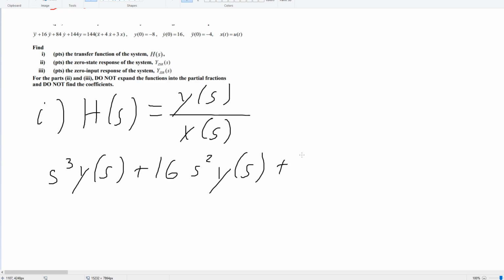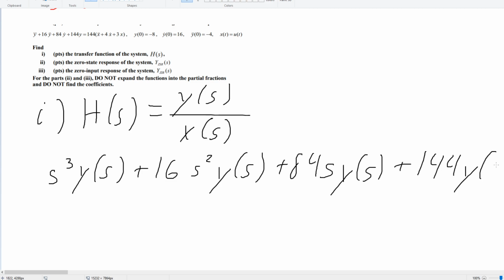Plus 84 s Y(s) because there's 1 dot. And then the last one, there's not going to be an s because there are no dots above it. 144 Y(s), right? There's no s on the outside here.